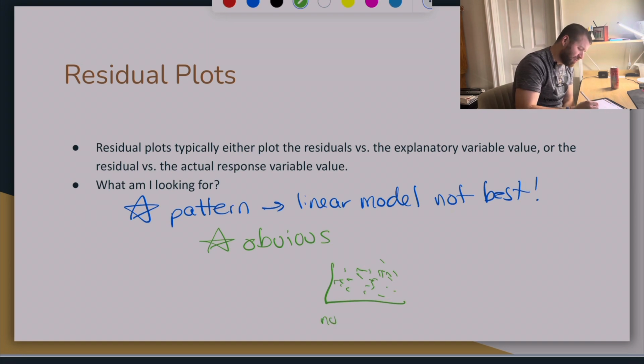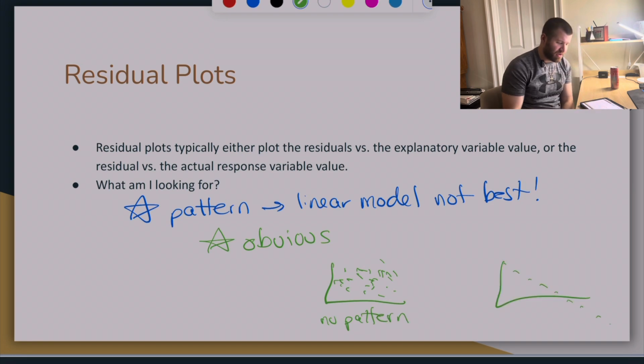Something with a pattern, I'll write this underneath here for you, would very clearly look like that. It's going to be so obvious for you. And so residual plots are really helpful in determining whether or not using a linear regression is an appropriate thing. That's what we use them for.